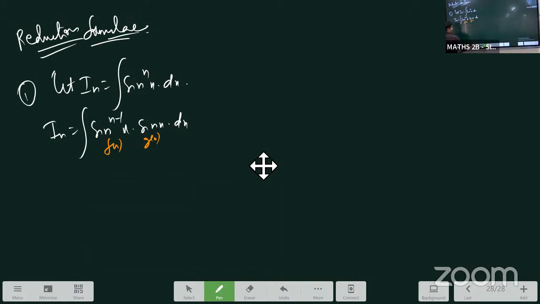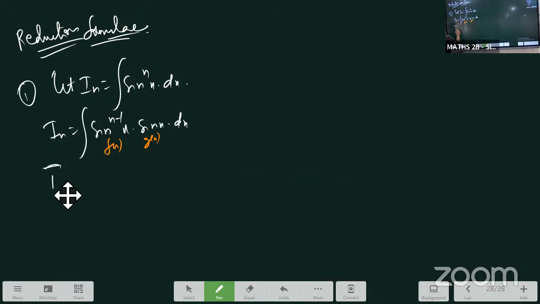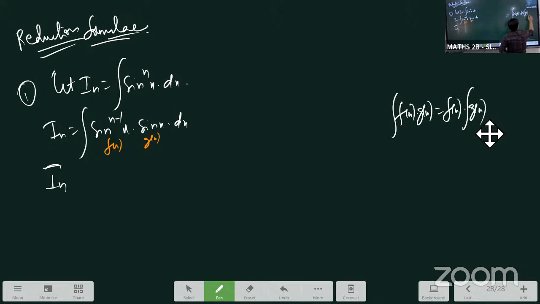Then your I_n is equal to integration by parts. I will write the formula once. Integration of f of x into g of x is f of x into integration of g of x minus integration of d by dx of f of x into integration of g of x. This is your integration by parts formula.